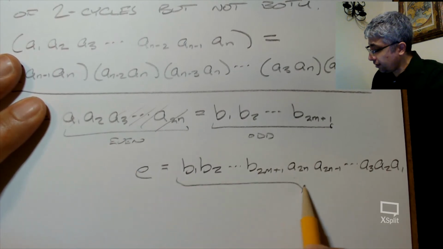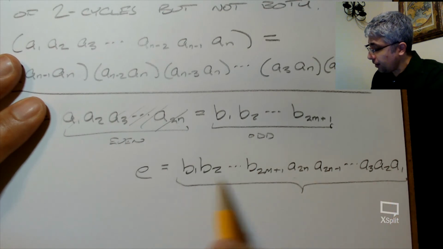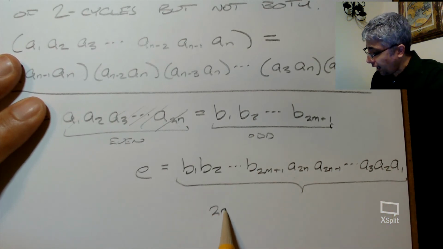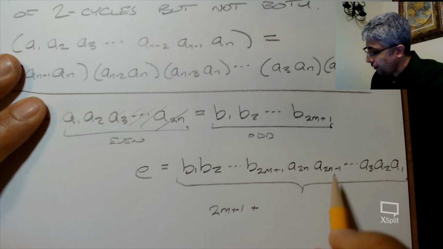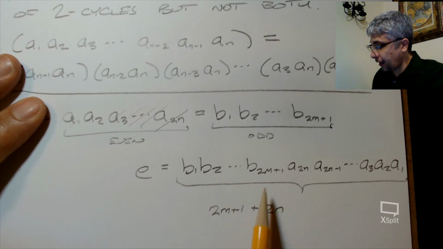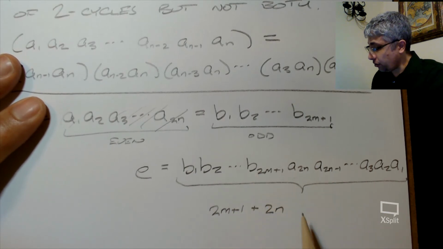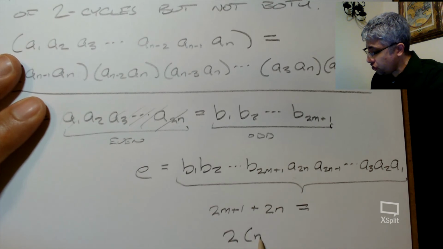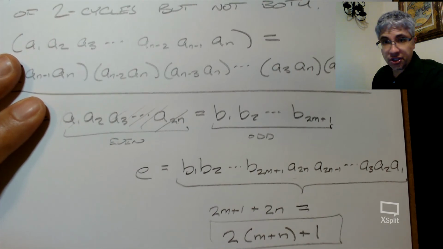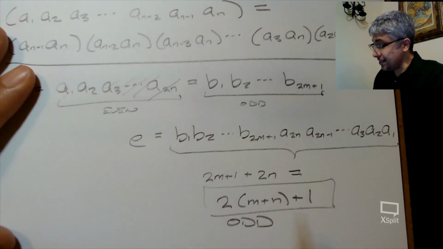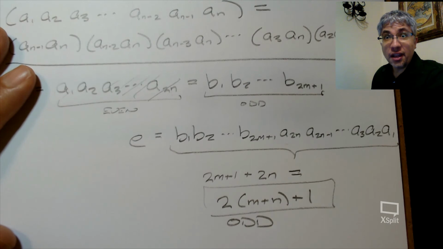And lo and behold, see what happens here? How many different 2-cycles do I have? I have 2m+1+2n, because I have all of the b's and all of the a's. So this is 2 times (m+n)+1, which is odd. By the very definition of odd number, this is of the form 2k+1, therefore it's odd.